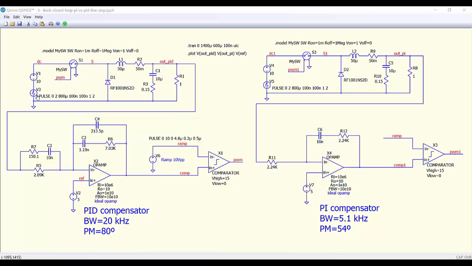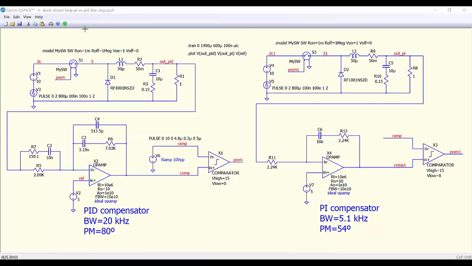What we are doing is a pulse at the input, so we are going to do a step-up transient at the input voltage, increasing it by 2 volts. Same situation here. In this way, we are going to be able to compare the output of the converter with a PID compensator and the output of the converter using a PI compensator.